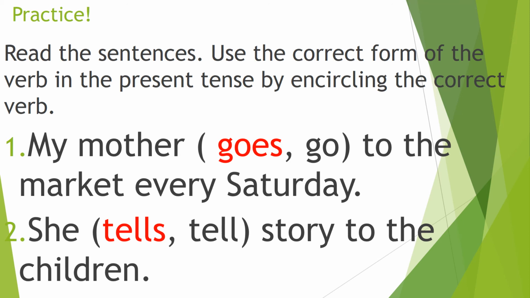For number 2, she tell story to the children. The subject here is she, which is third person singular. And the correct verb that goes with it is tells, which is in singular form.